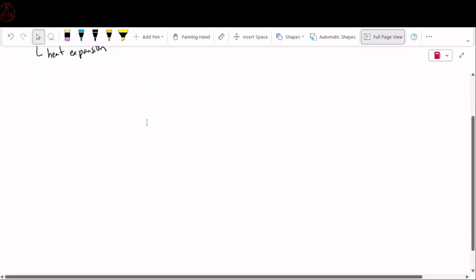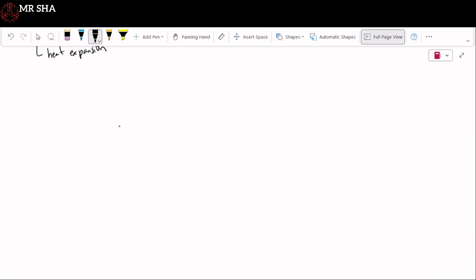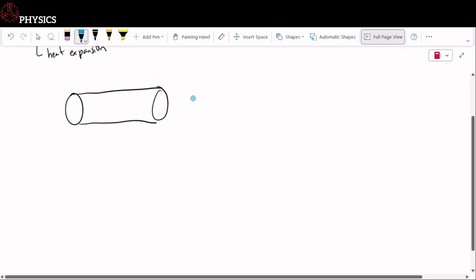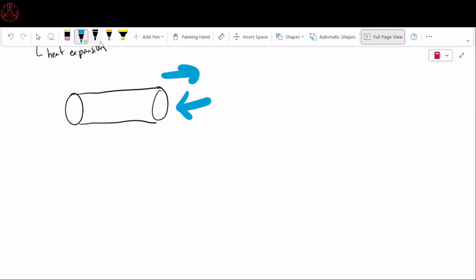Okay, so we begin by asking ourselves, if I have some material of some length, and I apply some force onto it, I can either push it in towards itself or I can pull it out, right?